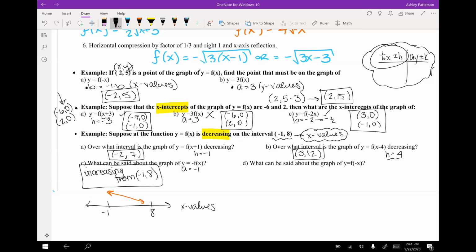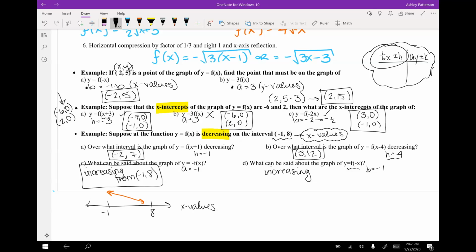Ooh, now this is interesting. Let's think about this. Sorry, this guy right here, y equals f of -x. Yes, it's going to absolutely change from decreasing to increasing because it is a reflection. This is b as -1. But it's b. b affects the x values. These intervals are x values. If you need to, write that down.